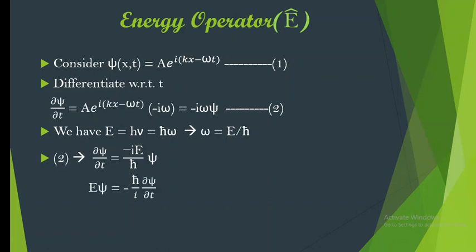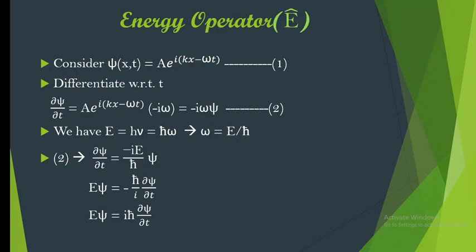Again rearranging, we get E xi is equal to minus h cross by i into dou xi by dou t. Again simplifying, we know 1 by i is minus i. So minus of minus i is going to be equal to plus i. So E xi will be equal to i h cross dou xi by dou t.